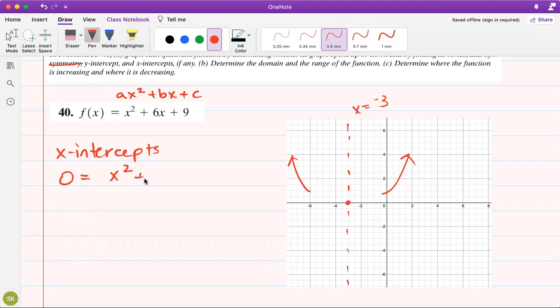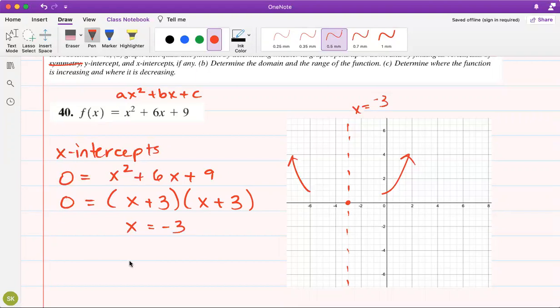Is it factorable? Yes, it's x plus 3 times x plus 3. So x plus 3 squared. So the only x-intercept is negative 3, 0.